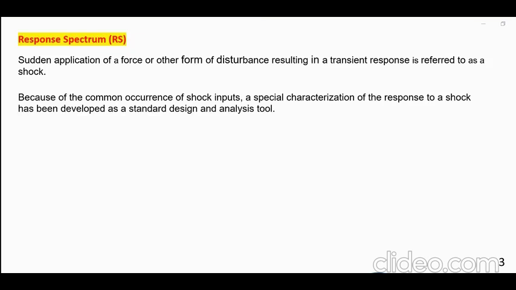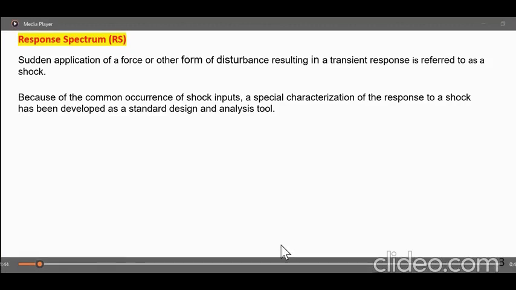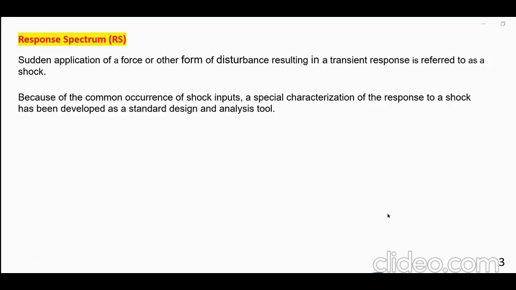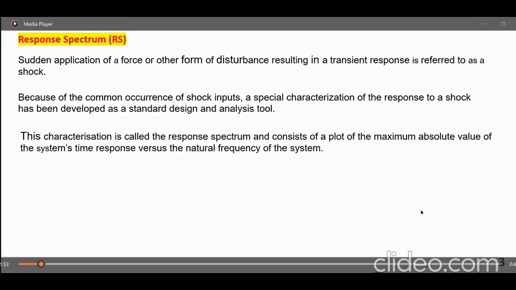For example, if you just hypothetically drop a hammer on a table, the table starts vibrating up and down, and this load that you just introduced by dropping the hammer on the tabletop is not an impulse, because it is a sudden application of the load, but it doesn't go away. That's why things like that are also called shock loadings, which result in a shock spectrum, by the way. Our author Inman refers to it as response spectrum.